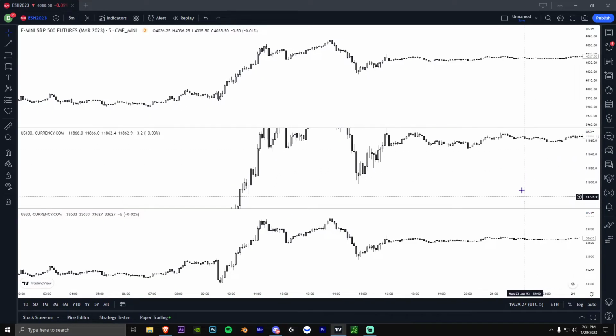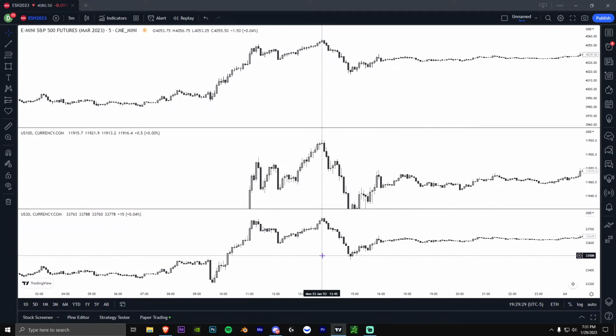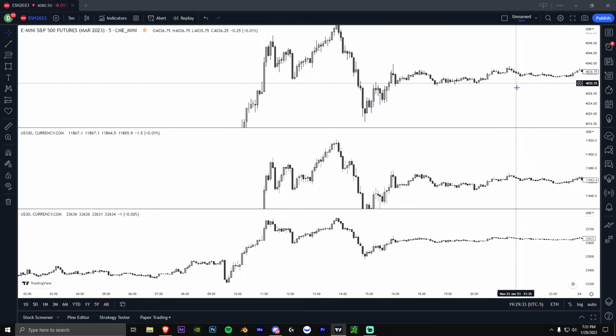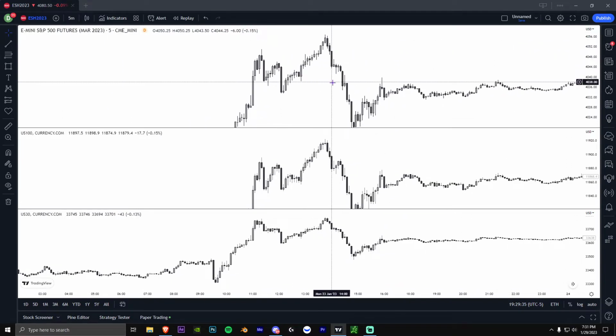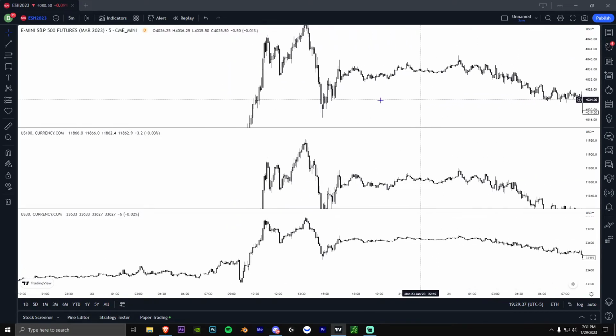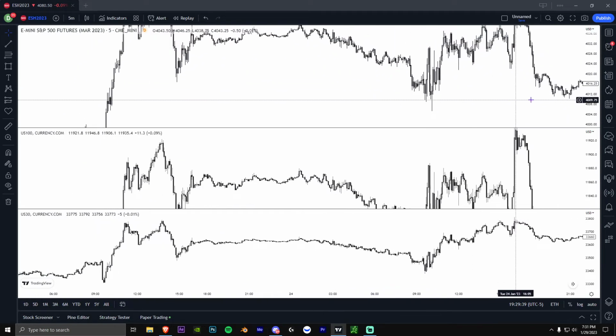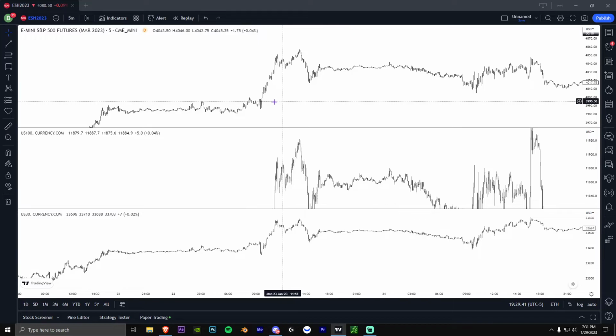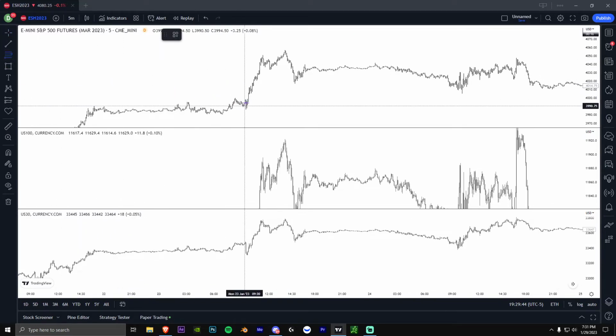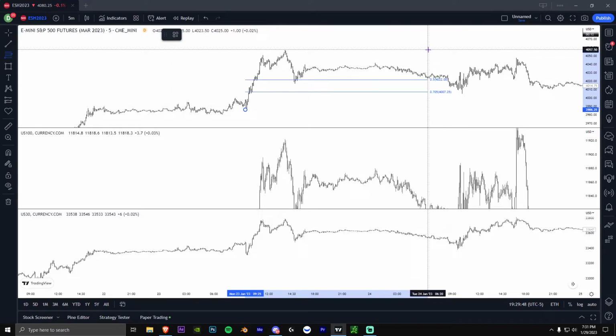Right here, another thing I want to point out is with divergences. This was a great spot to look for divergences to make sure my bias was still correct. Right here you see we get this giant expansion move up. You have your discount and premium.